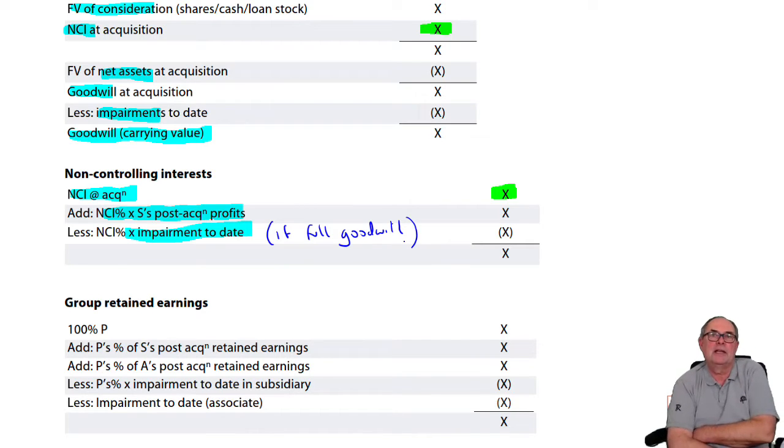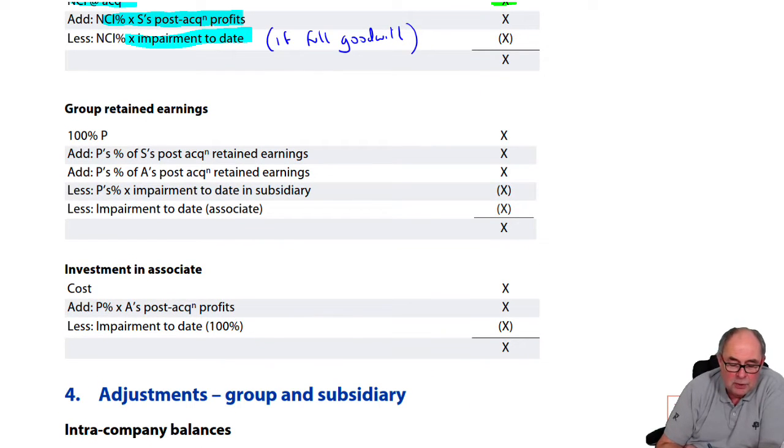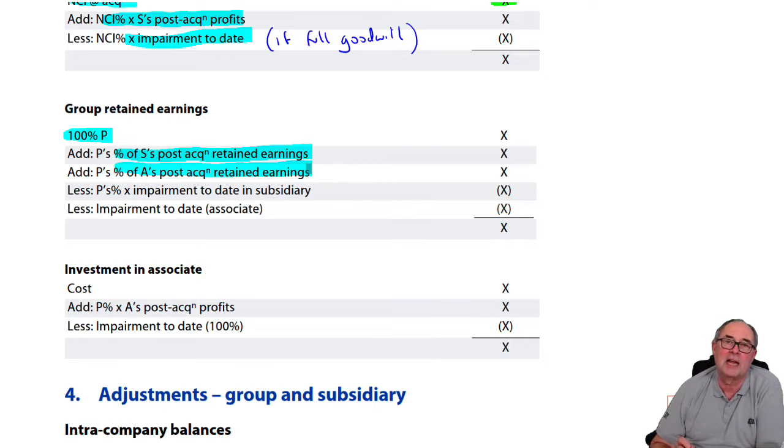Consolidation is very much like managing a football club. You consolidate all of the assets, but when you show the results in the retained earnings, you say, here are my results of the parent, and here are the results of the subsidiary since I took control. So in retained earnings, or other components of equity, other reserves, we'll always be working with everything of the parent, my share of S's post-tax profits, and my share of associates' post-tax profits.